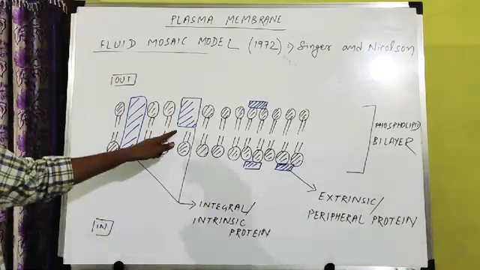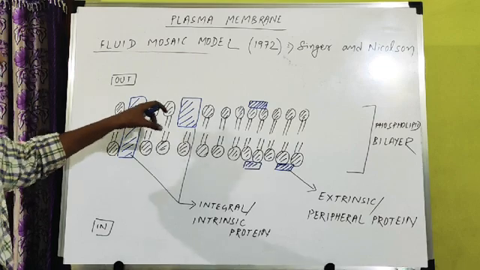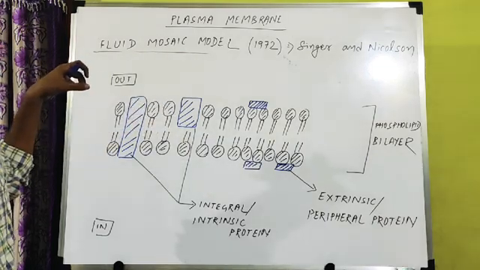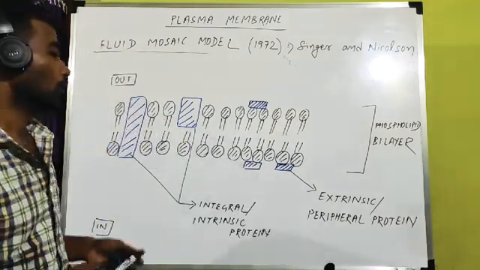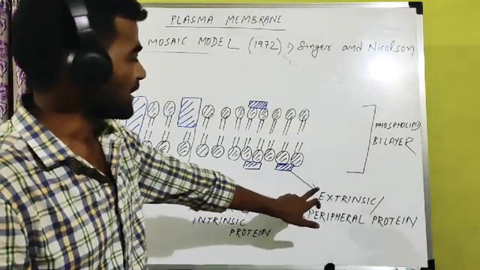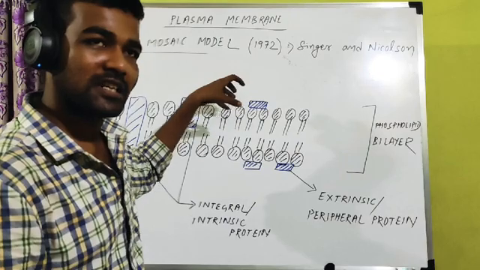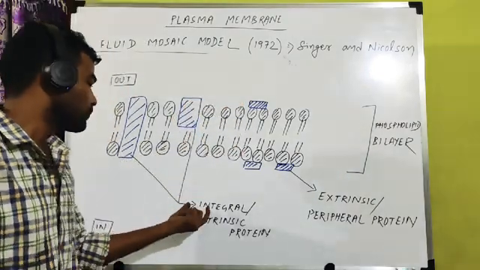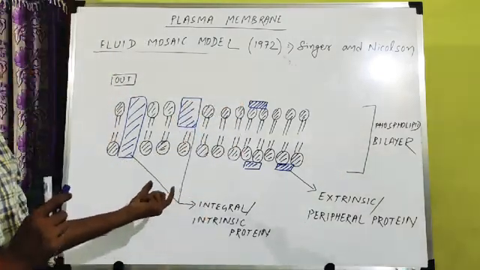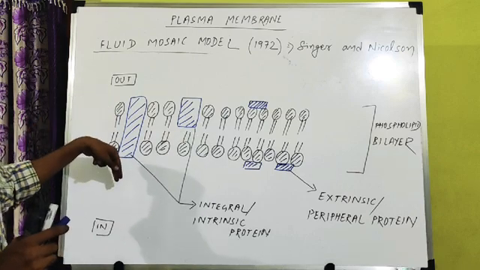But in the case of intrinsic protein, as they are buried, we cannot remove them easily. So that's why they are difficult to remove. Extrinsic proteins are easy to remove because they are present on the surface. Intrinsic proteins are difficult to remove because they are buried inside.